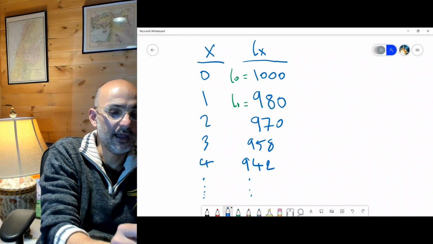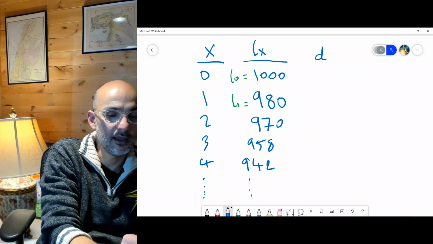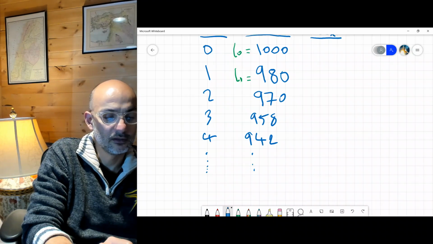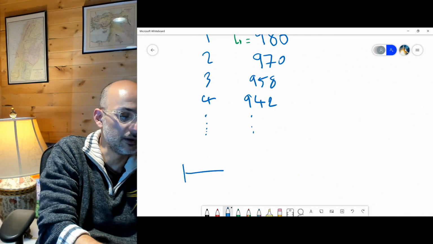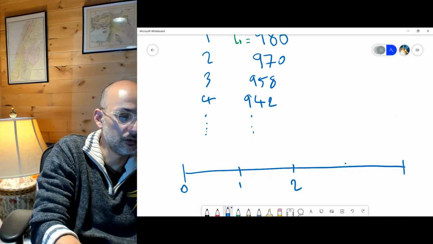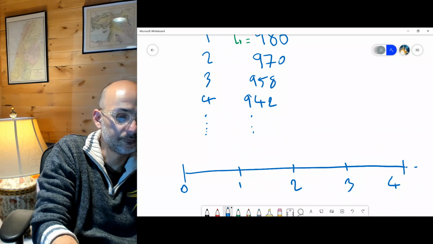What you can also notice in actuarial mathematics notation is something called dx. dx is simply deaths. Let's illustrate this; maybe it's easier. You have ages 0, 1, 2, 3, 4.